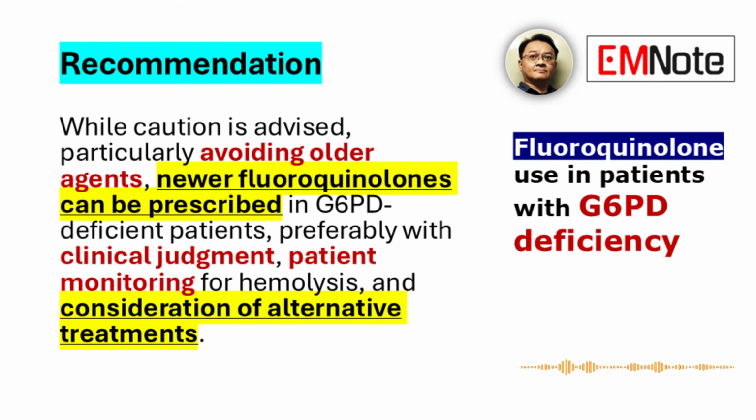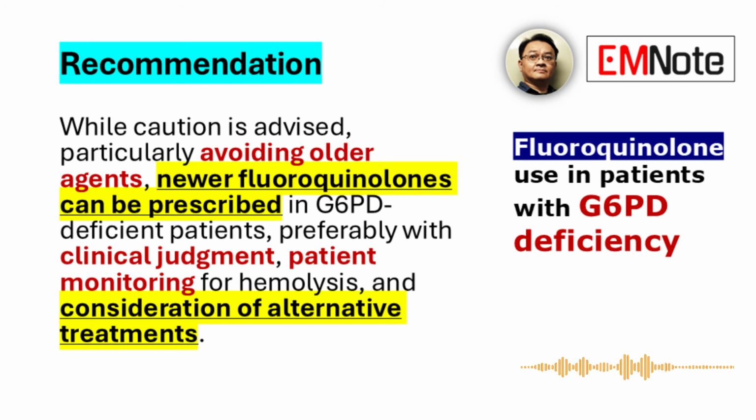So let's try to summarize the main points here. If we're talking older quinolones, like nalidixic acid, avoid them in G6PD deficiency. The risk is clear. Correct. Definite risk. Avoid. But for the newer fluoroquinolones, the guidance is more nuanced. It's not an absolute no. It's more of a proceed with caution. Exactly. Proceed with caution, ideally only if necessary, and definitely with close monitoring.